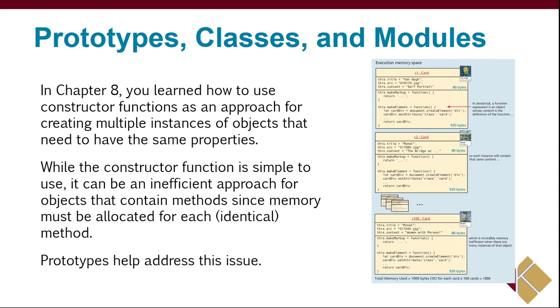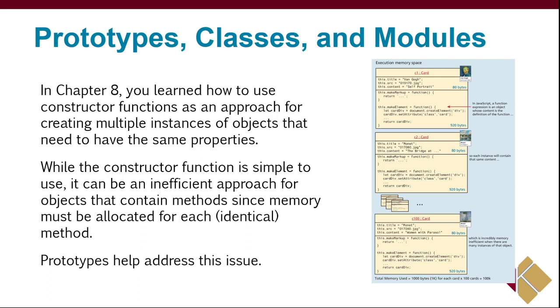So if you have an array with 100 items in it, then you are using the memory allocation times 100. So that's the example here on the right. So it has 100.